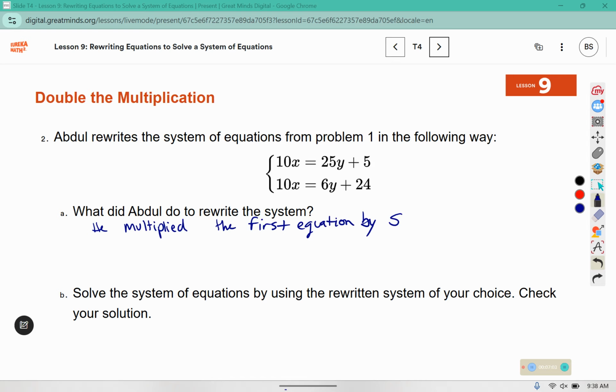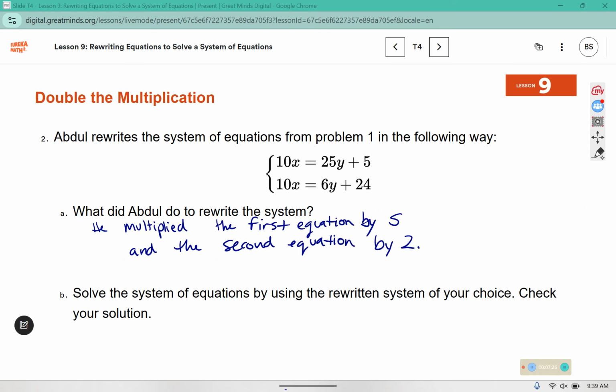And he multiplied the second equation by 2 to turn the 5x into 10x. Solve the systems of equations by using the rewritten system of your choice. Check your solution. So we're using Abdul's here.